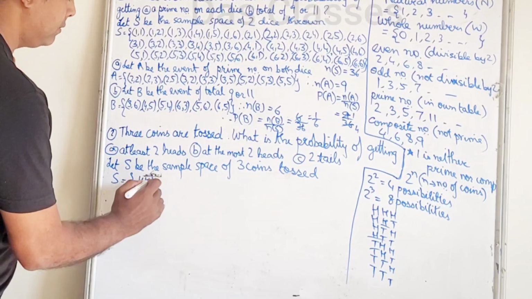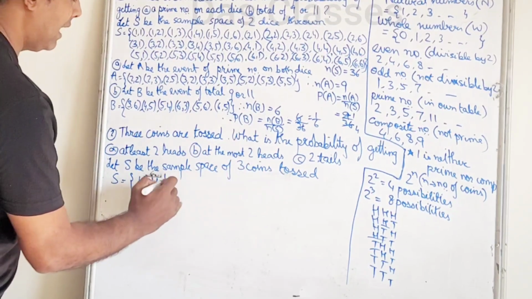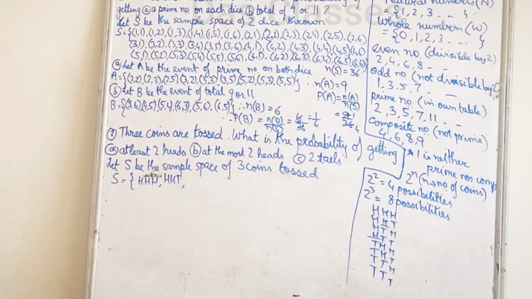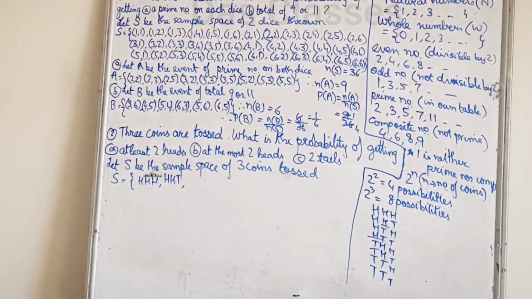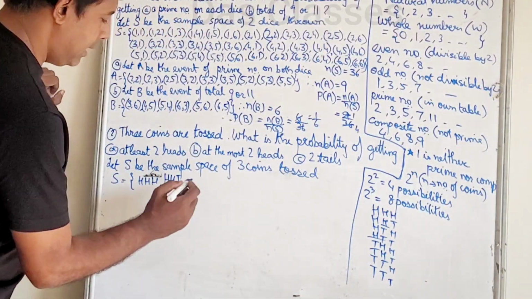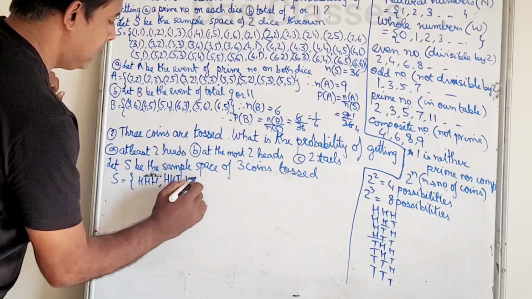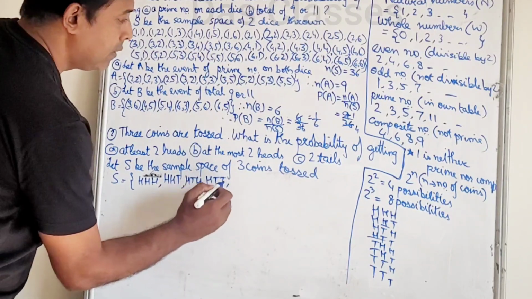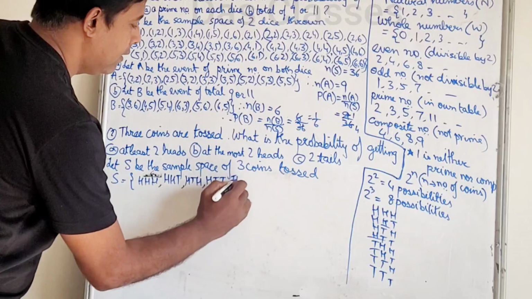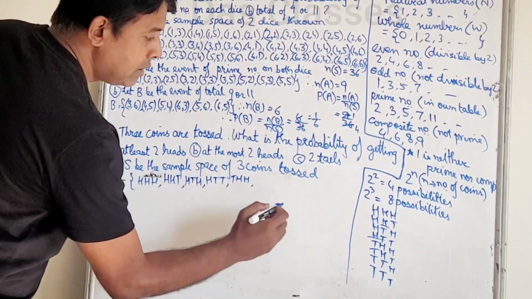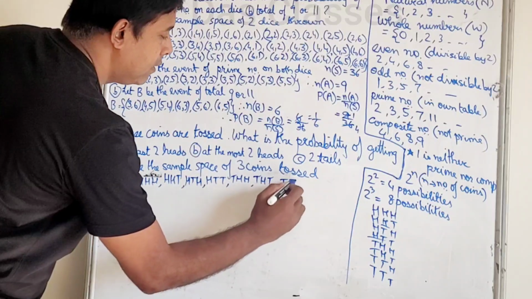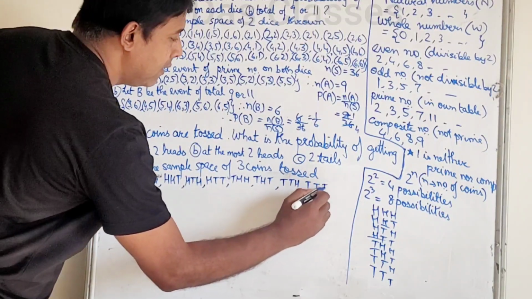Head, head, head, comma, head, head, tail, head, tail, head, head, tail, tail, tail, head, head, tail, head, tail, tail, tail, head, and tail, tail, tail.